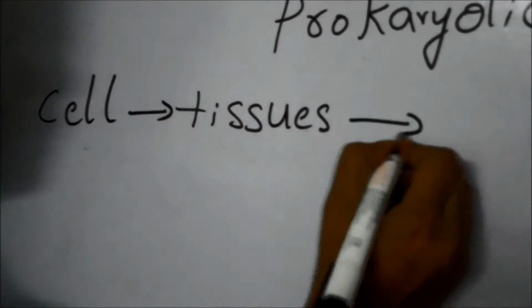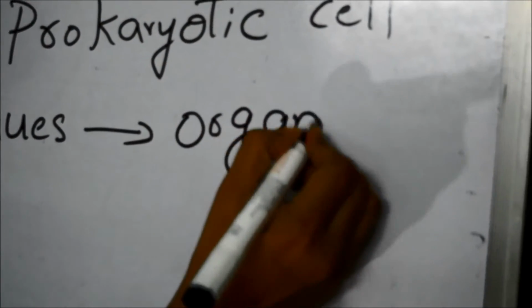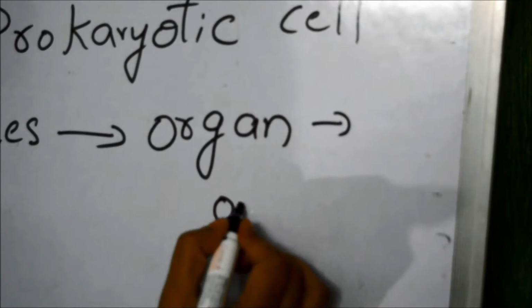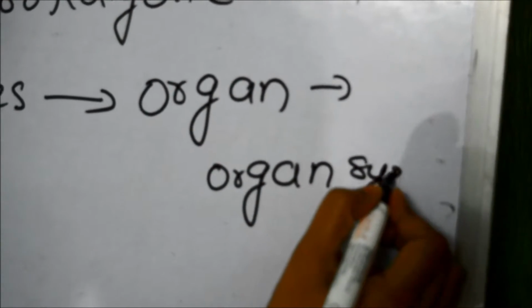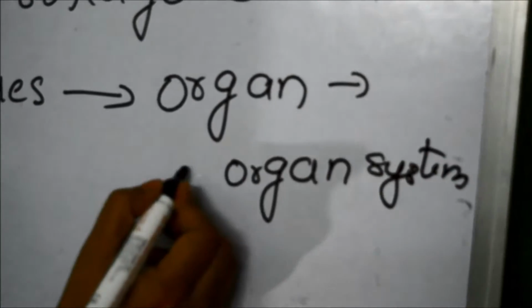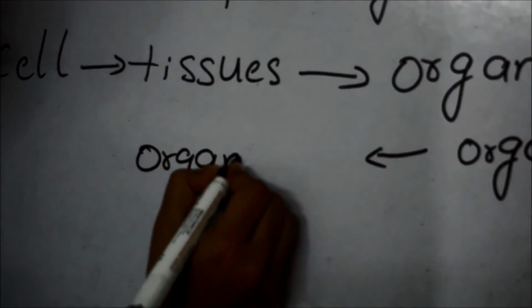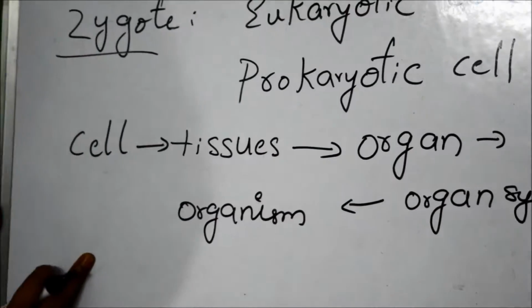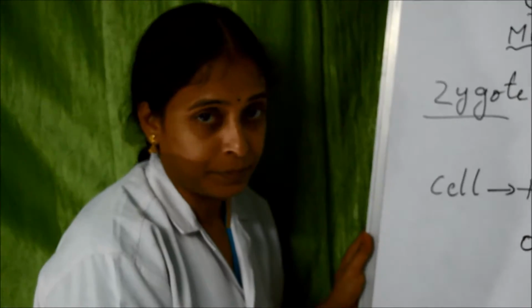A group of tissues together forms an organ. A group of organs together forms an organ system. A group of organ systems together forms an organism. Let us see how this process takes place, and we will start first with cell division.